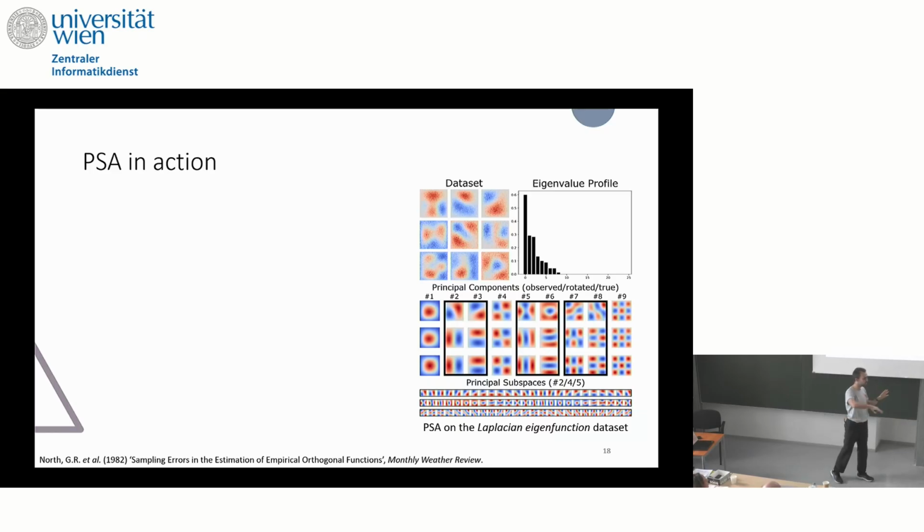Then we perform a rotation within the subspace they span, and we can see that we recover some so-called Laplacian eigenfunctions, which are the ones that are expected. And this would maybe not have been seen directly if we just looked at the principal components. So here the rotation helps the interpretability of the principal components.